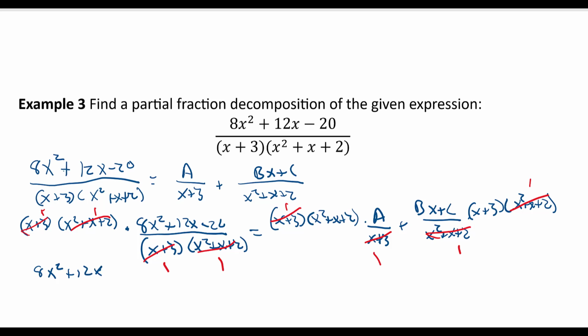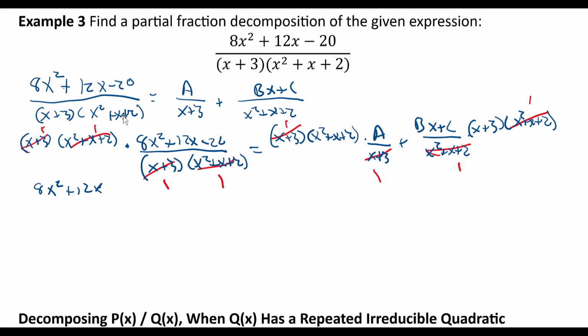And what we're left with on the left side is our 8x squared plus 12x minus 20, equals, then we have A times x squared, so Ax squared plus A times x plus 2A plus, I have a Bx plus C times x plus 3, so Bx squared plus 3Bx, I'm just FOILing it, plus Cx plus 3C.